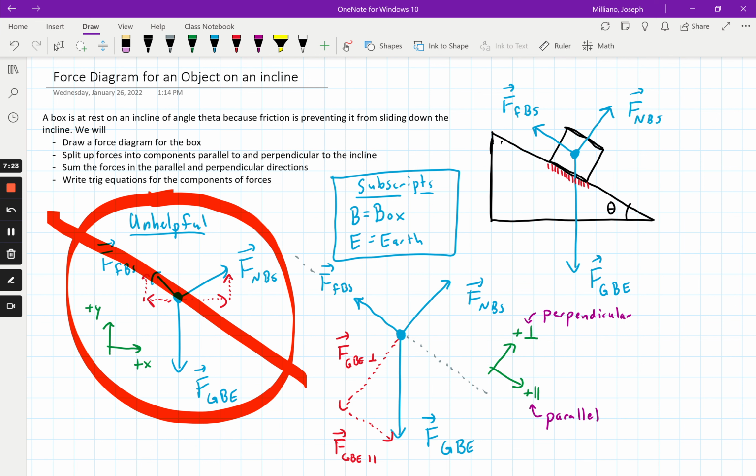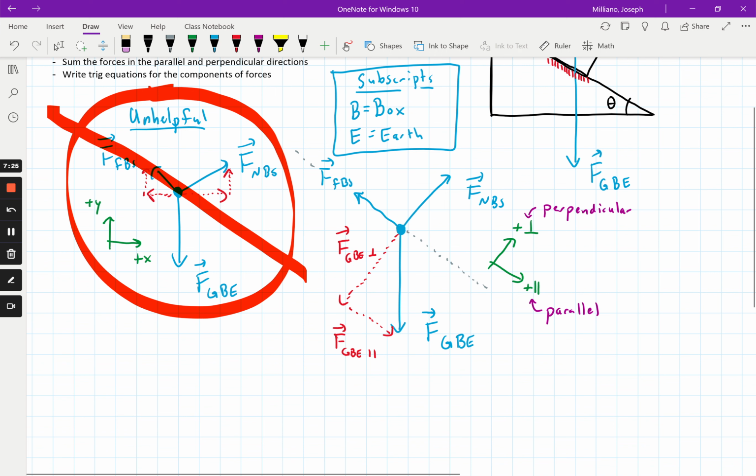And so the next thing we want to do is write some of the forces equations. I'm going to go parallel direction first. So we add up our forces in the parallel direction. Let's see, we have the force of gravity on the box by the Earth, its parallel component, plus the friction force is in that parallel direction too. So the friction force on the box by the surface as well.